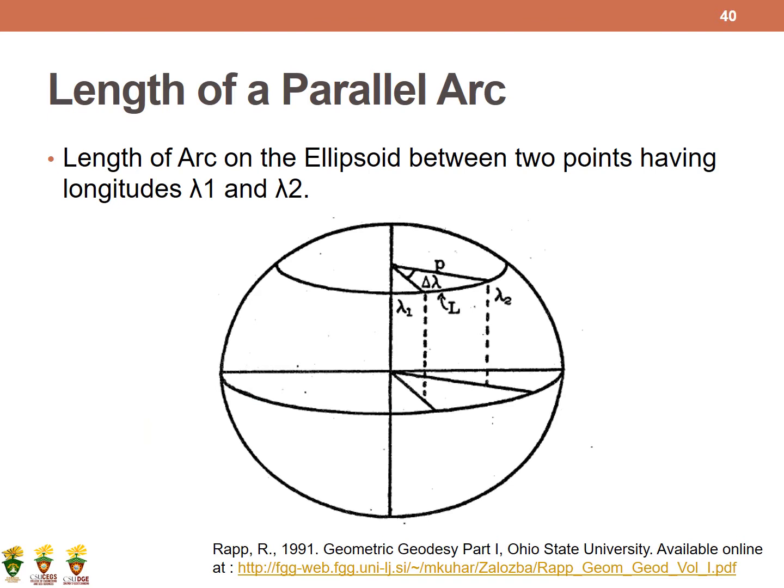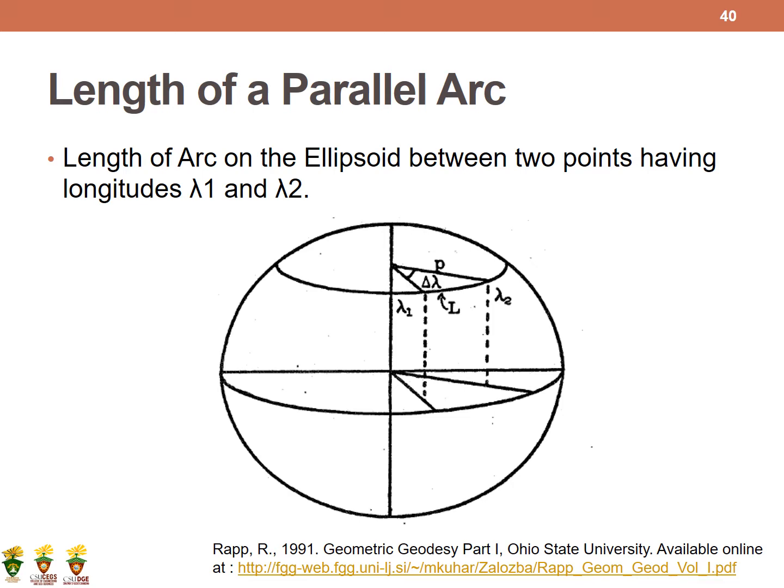So next parameter is what we call the length of the parallel arc. The length of the parallel arc on an ellipsoid between two points having the longitudes 1 and longitude 2. So if we have this longitude 1 of this certain location, and this is longitude 2, the length of the parallel arc is this one. So naka-more siya arc distance between two longitudes.